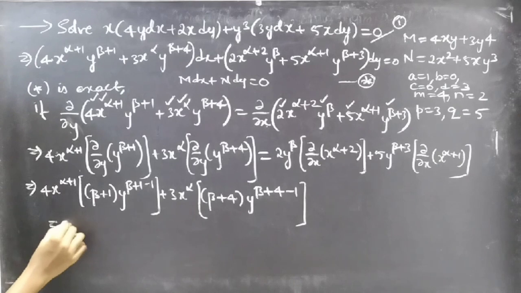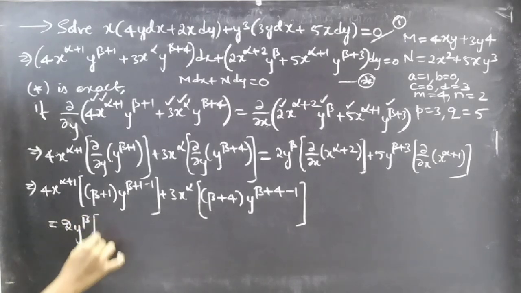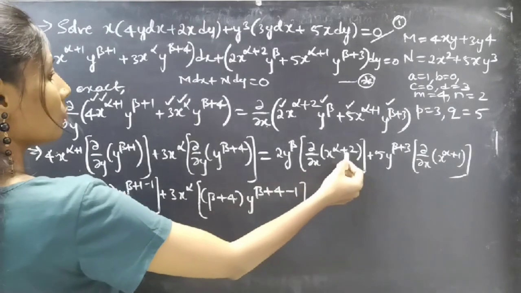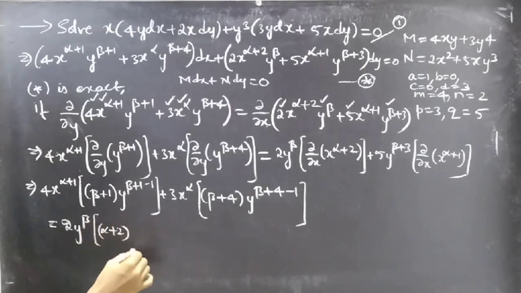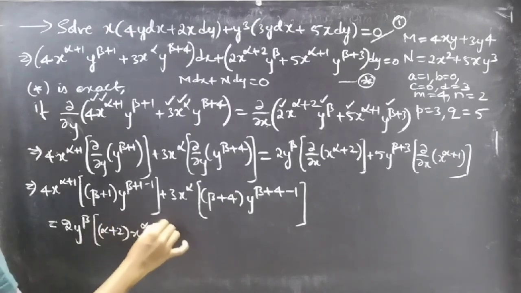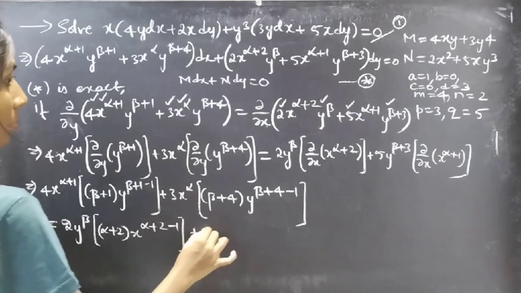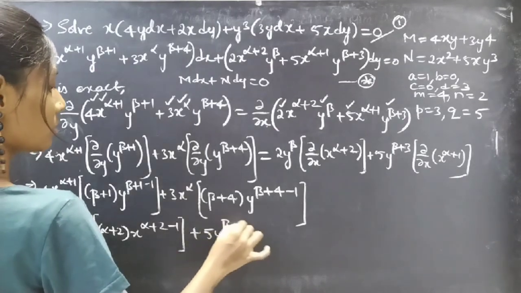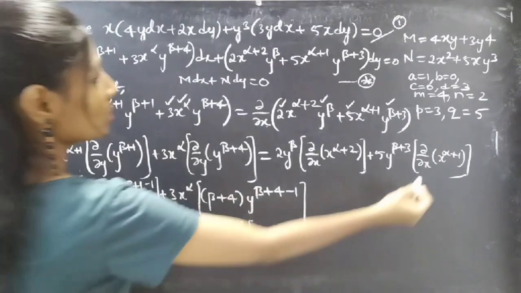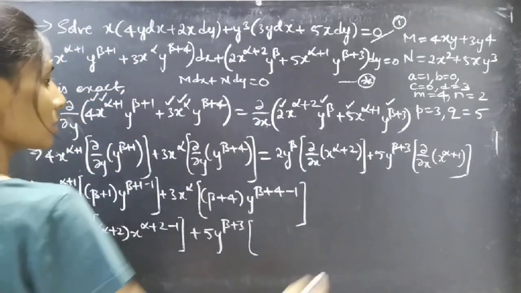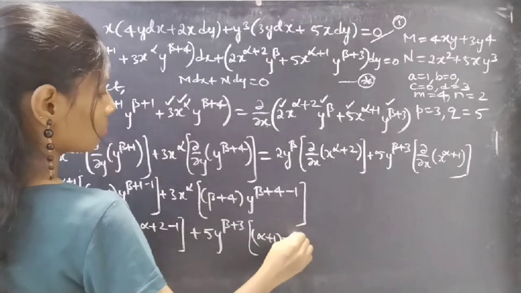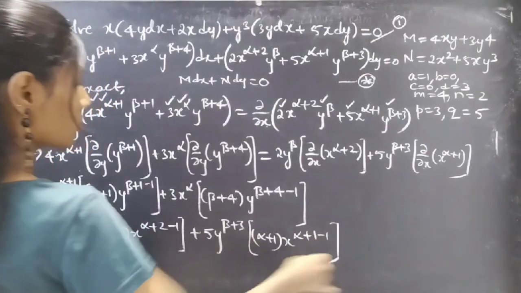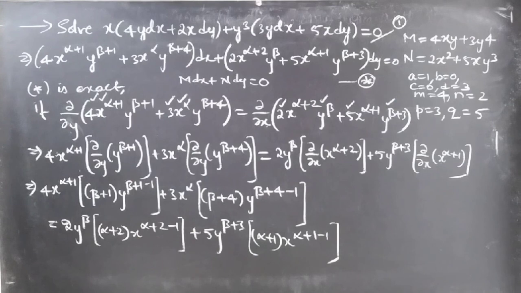This equals 2y^β into partial derivative of x^(α+2) with respect to x is (α+2) into x^(α+2-1) plus 5y^(β+3) into partial derivative of x^(α+1) with respect to x is (α+1) into x^(α+1-1), right?